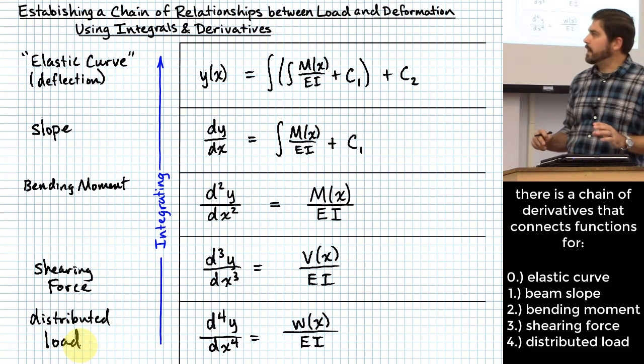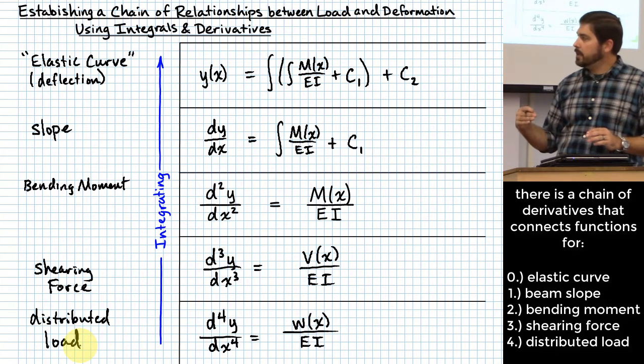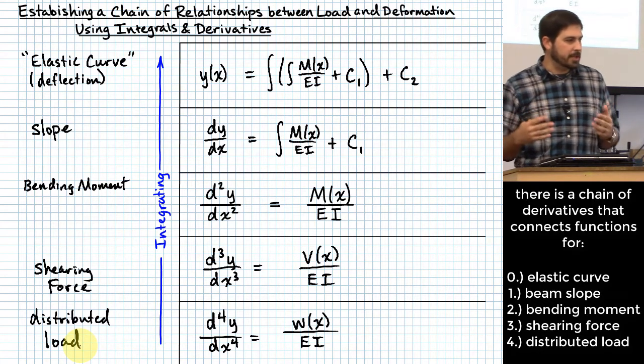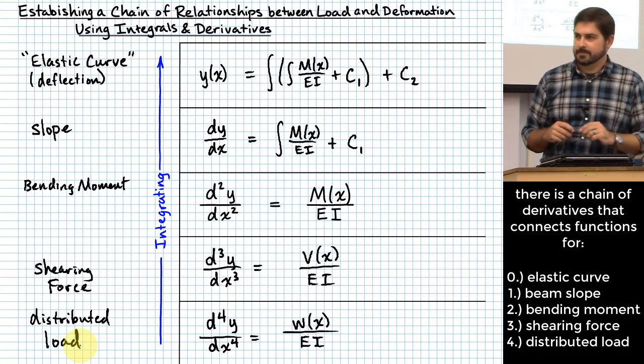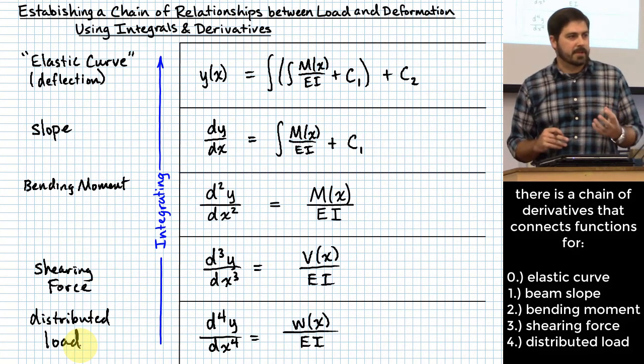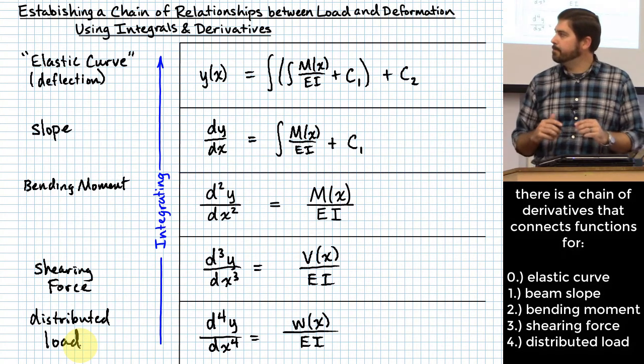So I need to point something out now that we've got sort of all of these laid out. If I start by giving you a continuous function for the distributed load, right? I give you a function that you can easily take the integral, the antiderivatives of it, for a distributed load over the length of a beam.